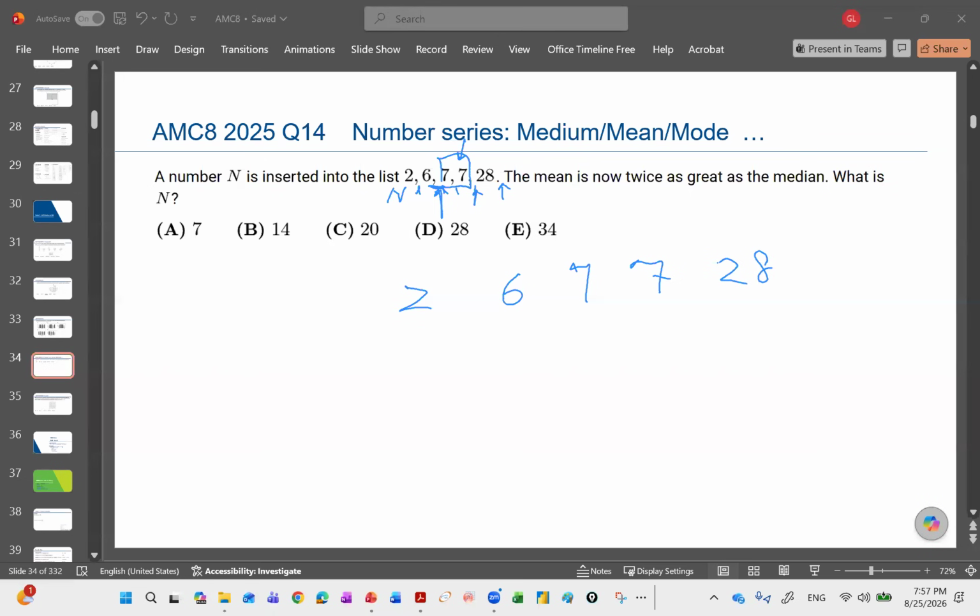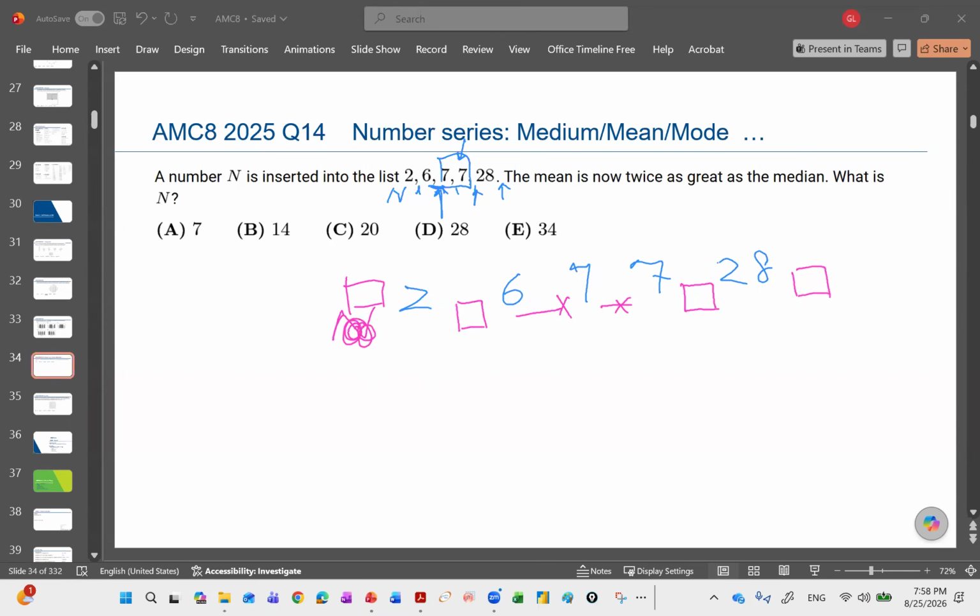So where can n potentially be inserted? They can insert here, or here, not here, not here, right? And then they can insert a number here, or here. So let's find out.